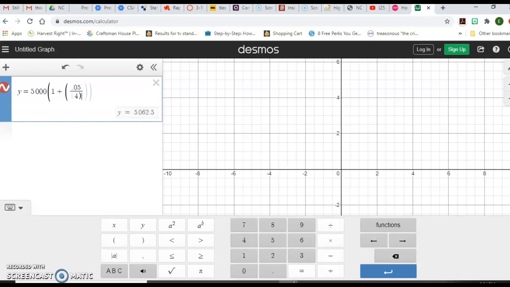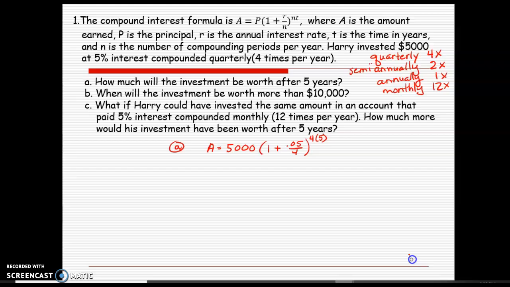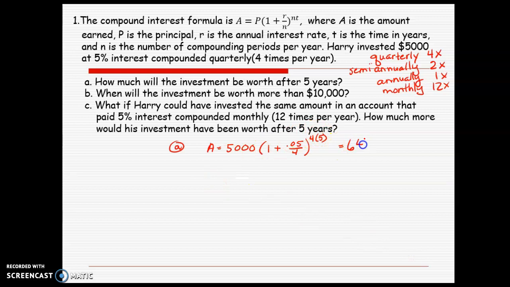Close that. And then close that. Okay, there we go. And I'm going to raise that to 5 times 4, which is 20. There we go. It'll be worth $6,410 and 19 cents. So it makes it pretty easy.